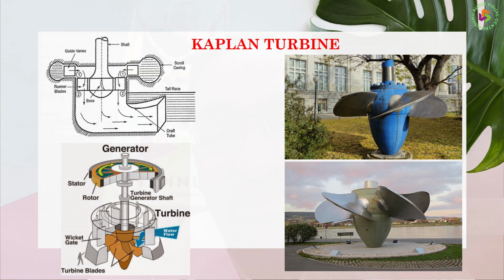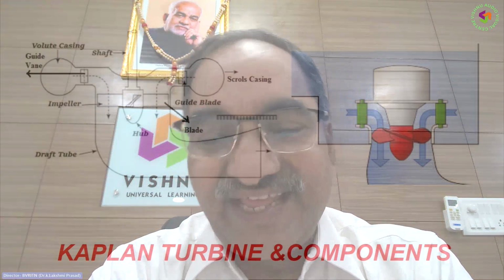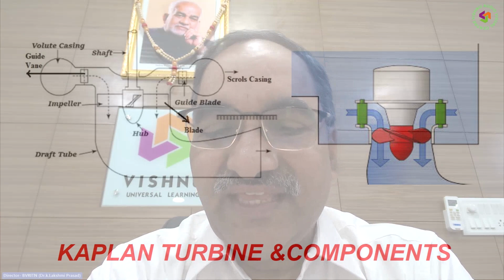Then the third lecture is working proportions. The fourth lecture is problems. The fifth lecture is Kaplan turbine, work done, efficiency. The sixth lecture is problems. The seventh lecture is draft tube. So these are the 7 lectures in Part 2.